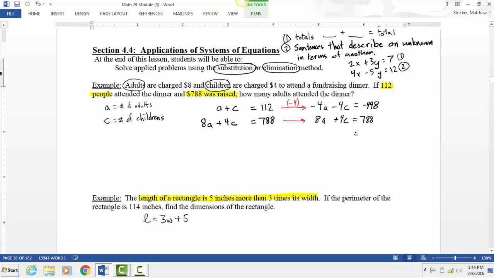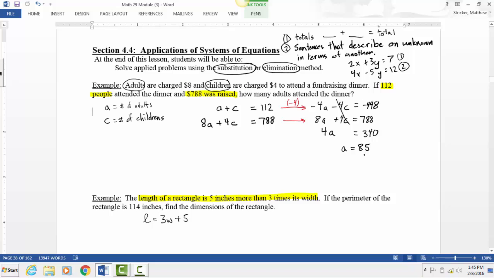Negative 4a and 8a, that makes positive 4a. The c's cancel, and that's equal to 340. And we go ahead and divide that by 4. We get 85. So a is equal to 85. Now we know we can substitute this back into either equation.